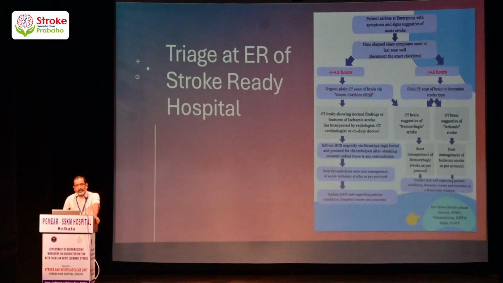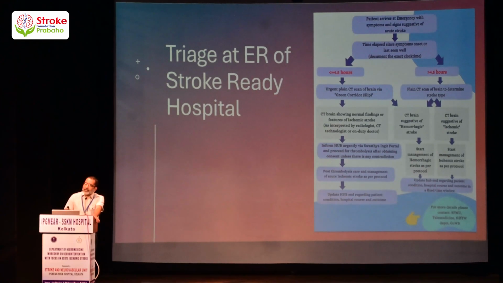Once the CT scan is done, it is uploaded in the telestroke or Sastro Sati portal, and the doctor in the hub can look at the CT. Sometimes, if the physician in the emergency is competent enough to interpret the CT, he can also look at the CT.